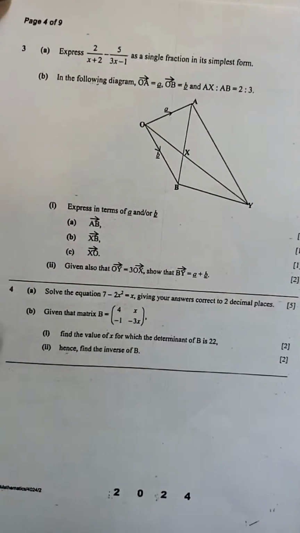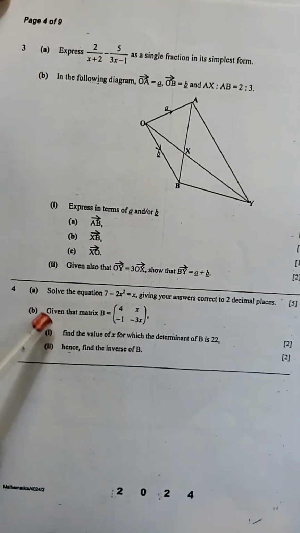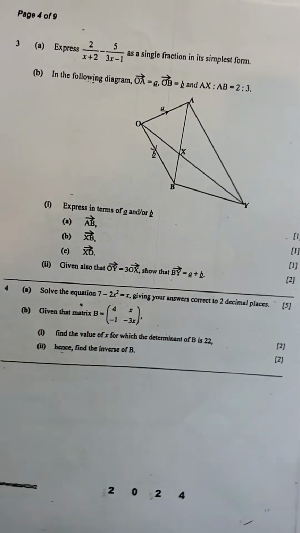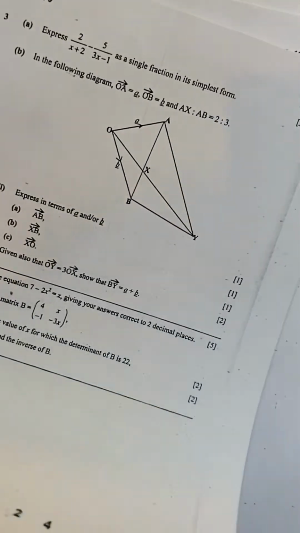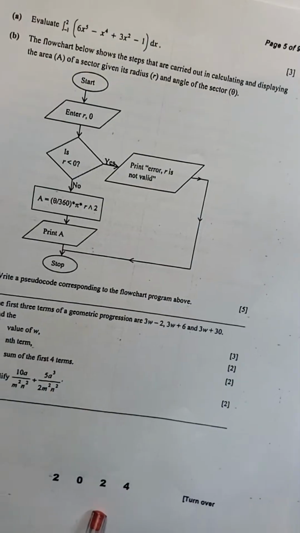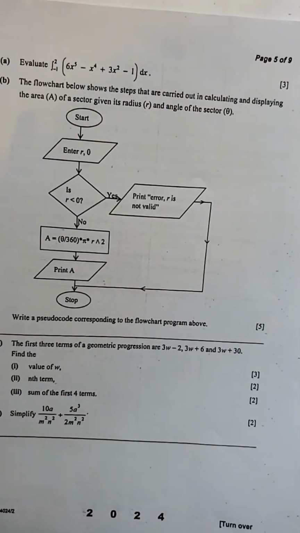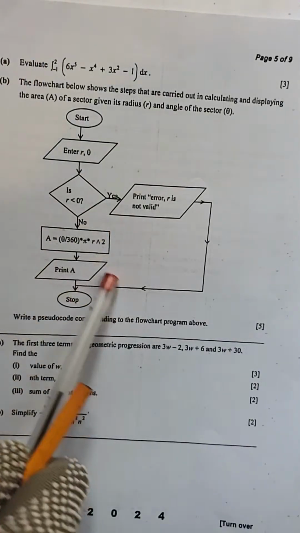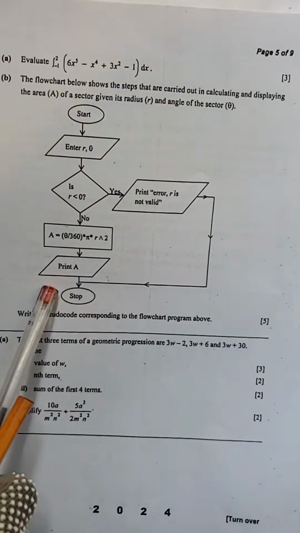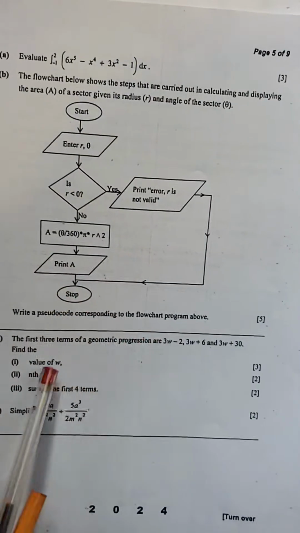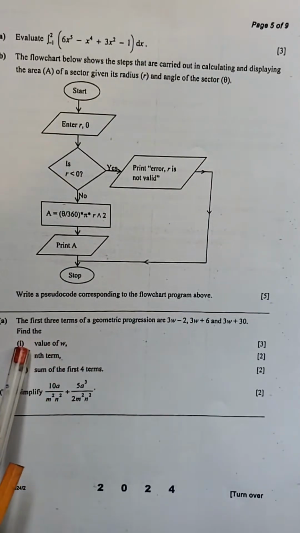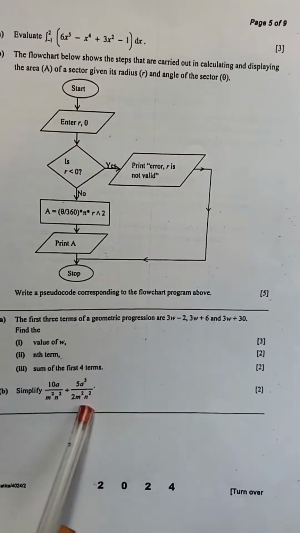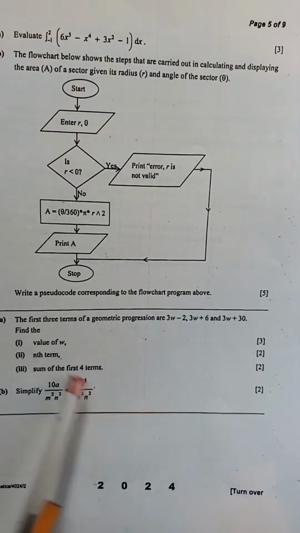Then we have question 4, you have quadratic equation and matrices. Then question 5, we have this one, calculus, integration. Then we have this flowchart to pseudocode, of course. You have this one, geometric progression. Then this is algebra as the last question in section A.